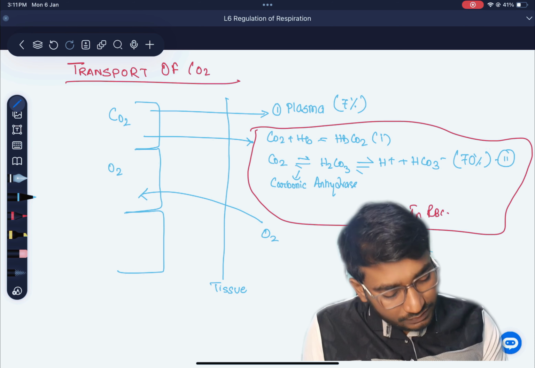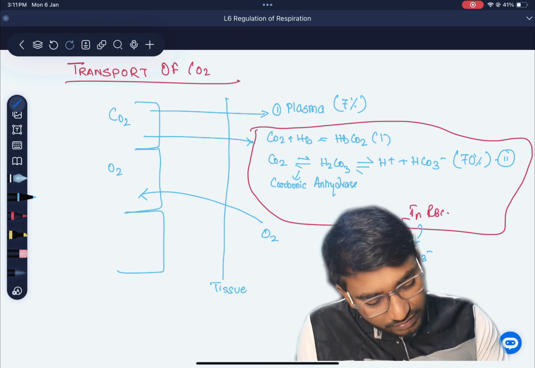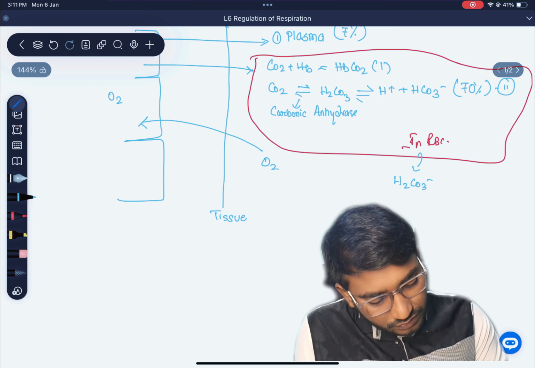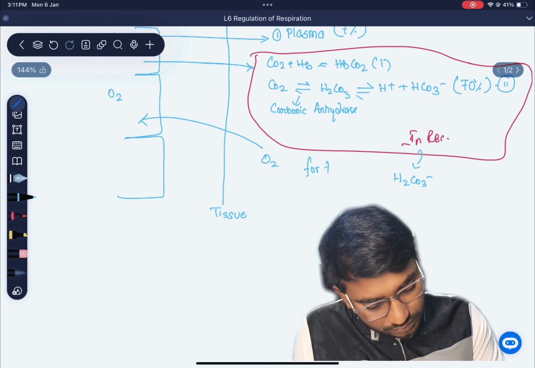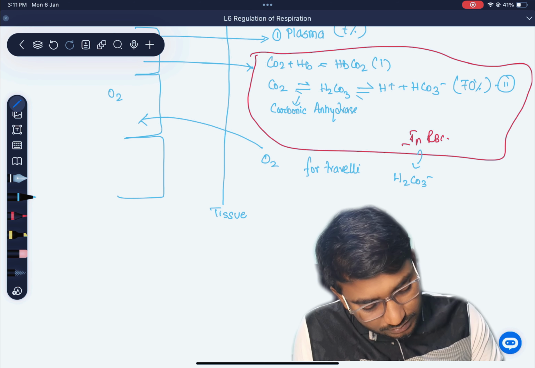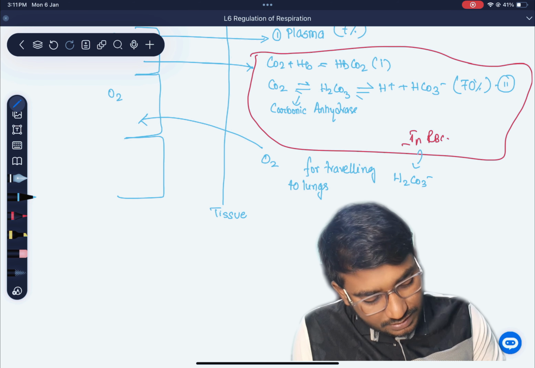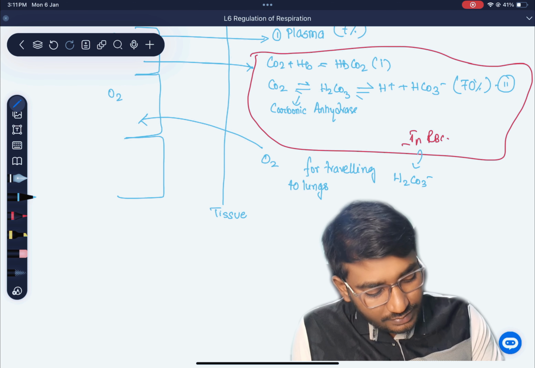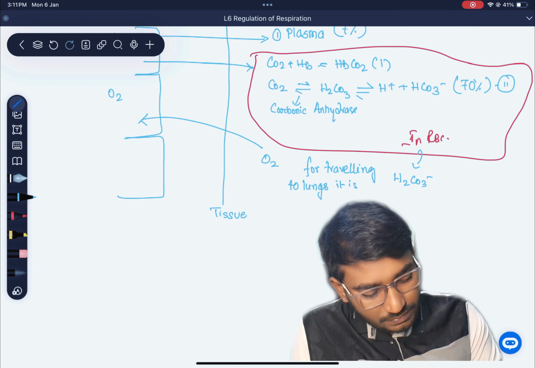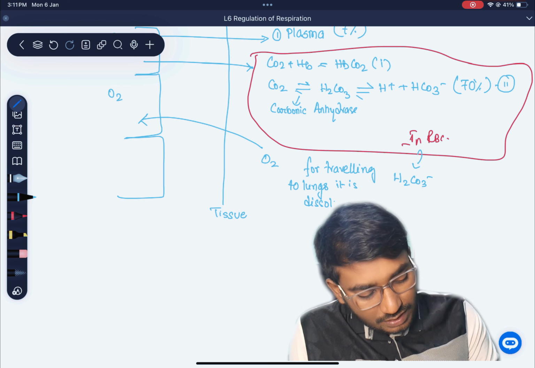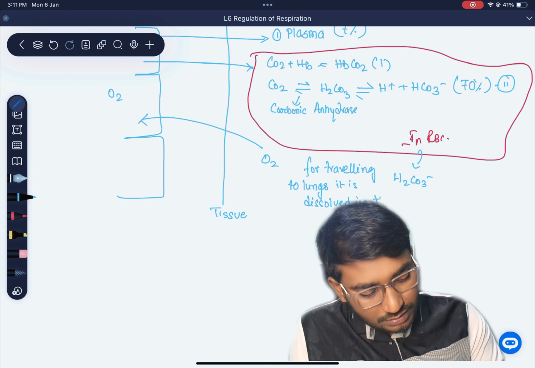Now for traveling to the lungs, it is dissolved in the plasma.